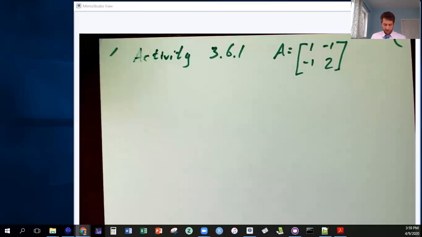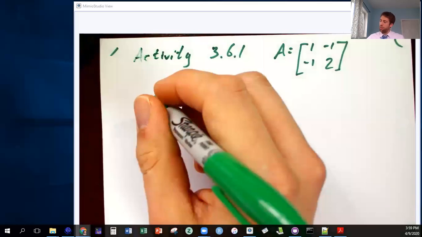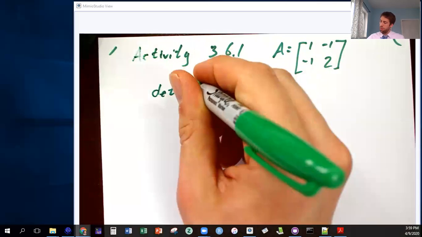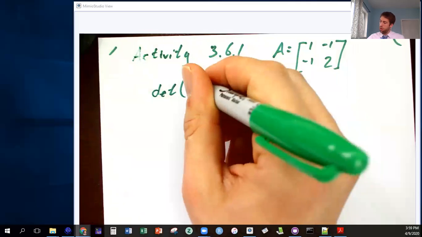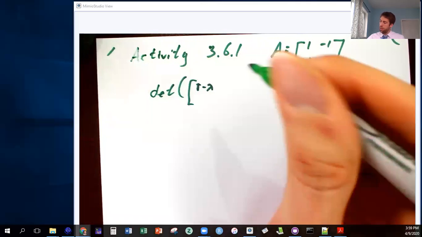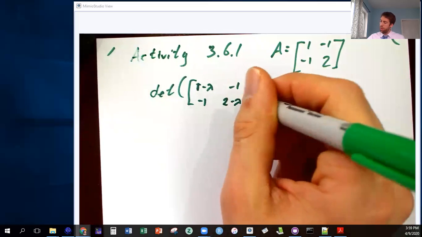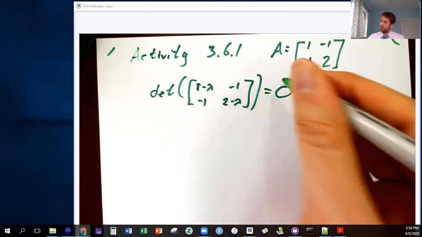All right. Now, our first job is to find the eigenvalues. The determinant of the matrix with 1 minus lambda, -1, -1, 2 minus lambda equals 0.